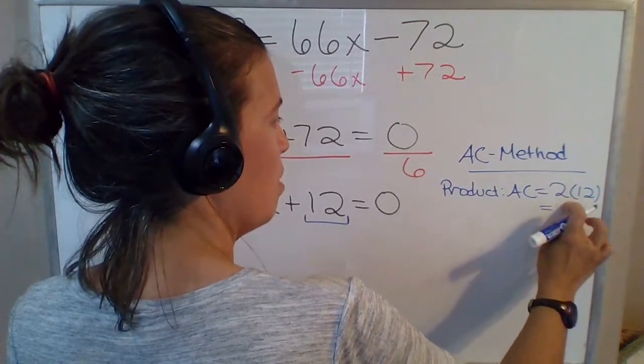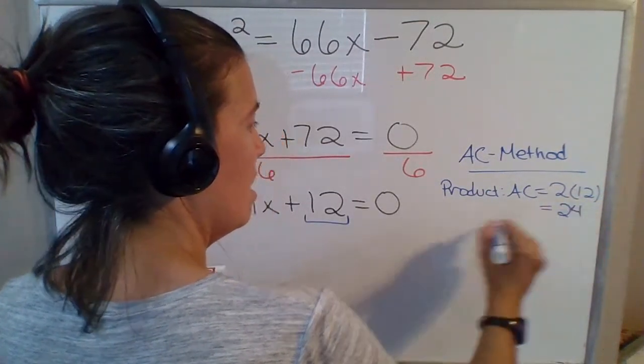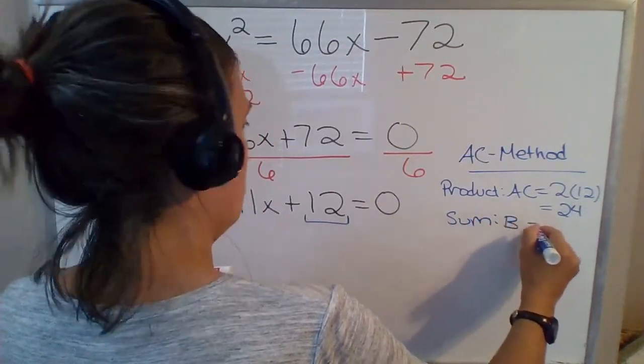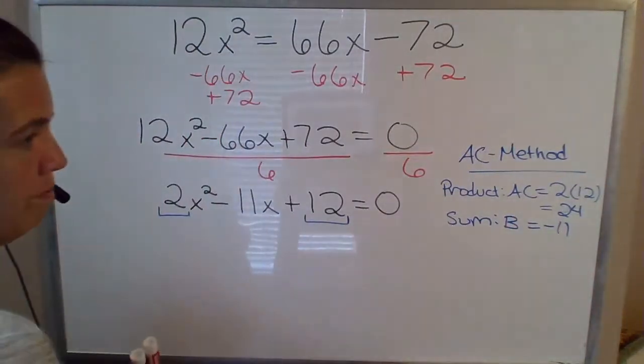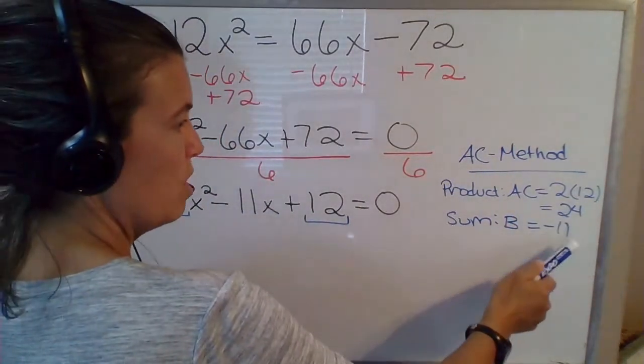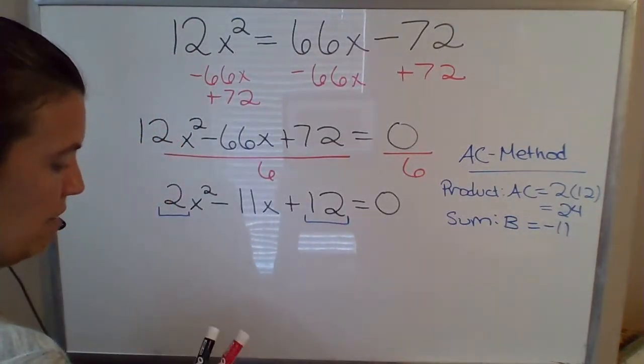Two numbers whose product is 24 and whose sum is b in the middle, which in this problem is negative 11. So two numbers that multiply to give us positive 24 and add up to negative 11.